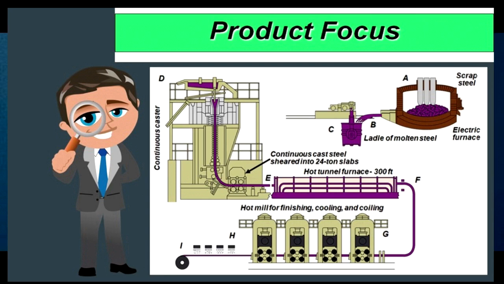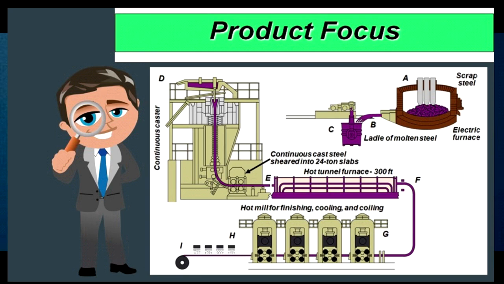A ladle of molten steel is put in the process in the continuous caster and then it is cast. In the electric furnace, scrap steel is given, then it is charged with a graphite rod and very high voltage is given so that there is a spark and the raw material is melted.